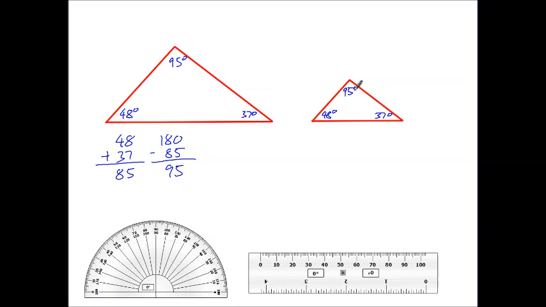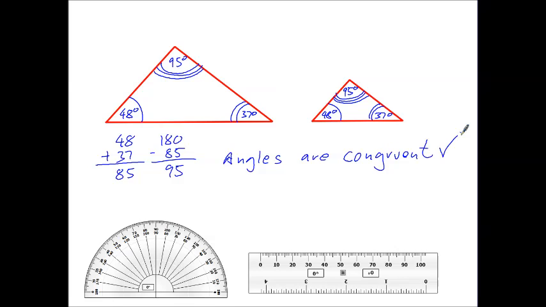Okay, so that means that this angle is congruent to this angle, and our third angles are also congruent. Then all angles are congruent. Very good, we needed to know that. Check.